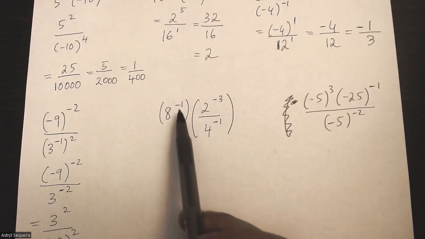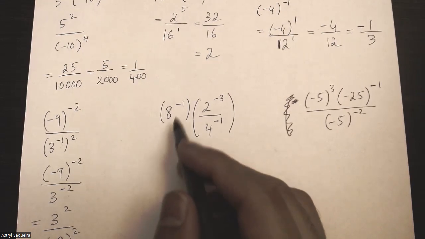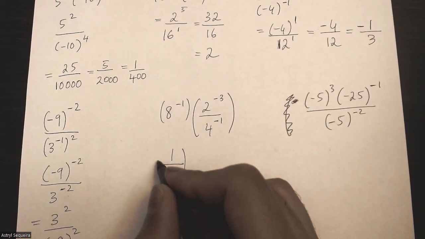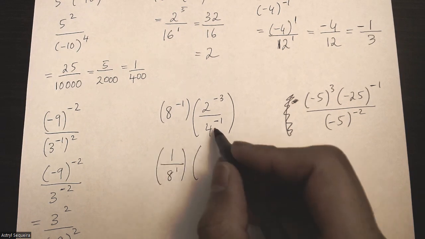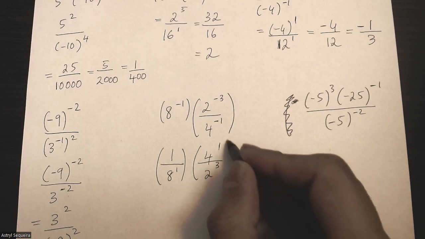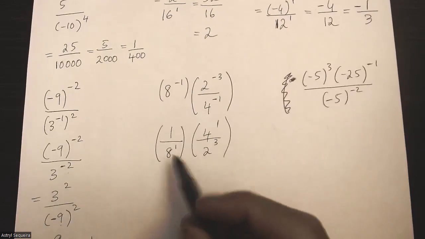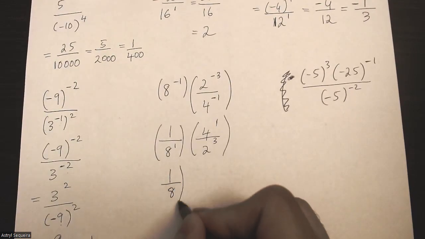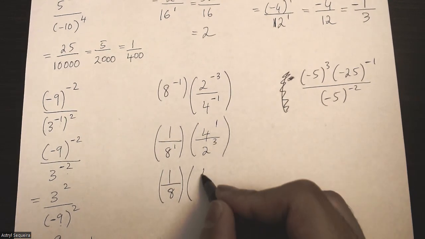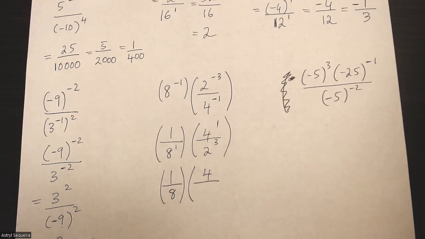Fifth question here, I have a negative exponent here, here, and here. I'm going to get rid of all three of them. So this is going to turn into 1 over 8 to the power of 1. And this is going to flip into 4 to the power of 1 divided by 2 to the power of 3. 8 to the power of 1 is just 8. 4 to the power of 1 is 4, and 2 to the power of 3 is 8.